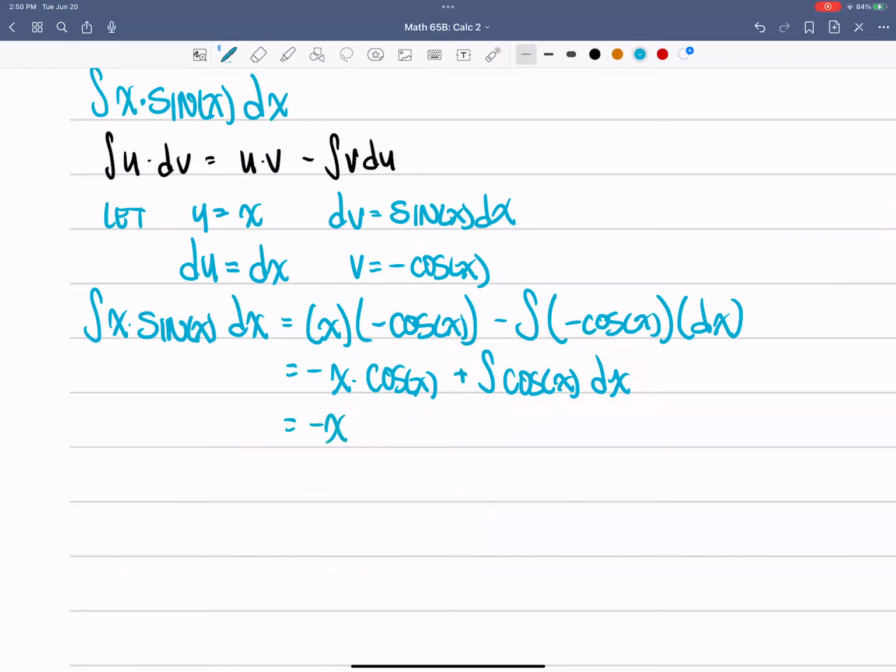So we just combine everything up. Plus sine x and plus c, because we're not integrating over an area, we're just integrating there. And there we go. That is our function.